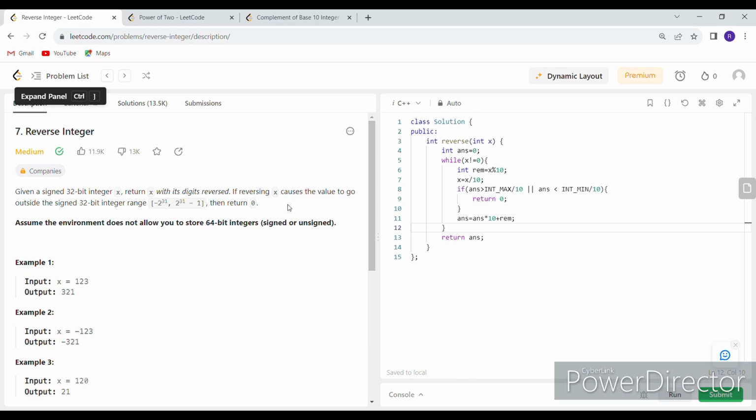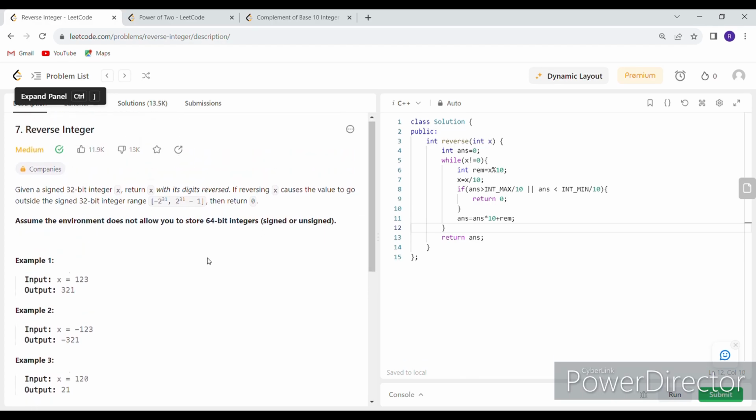Okay, it means a value will be given to us which will be within the range assigned to the integer. But while reversing, if that value exceeds the maximum and minimum value supported by the integer, then we need to return 0. Okay, so the question given is clear.